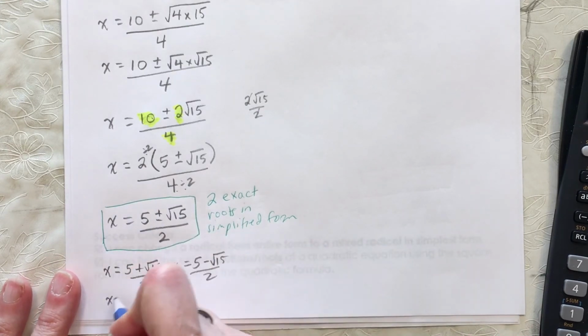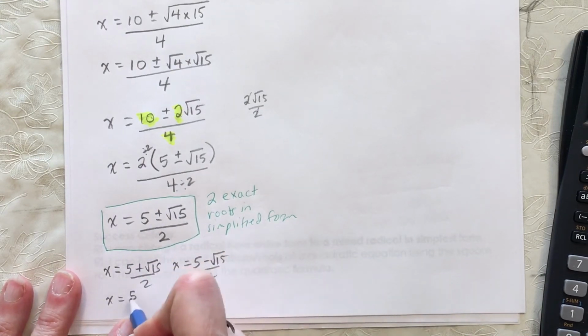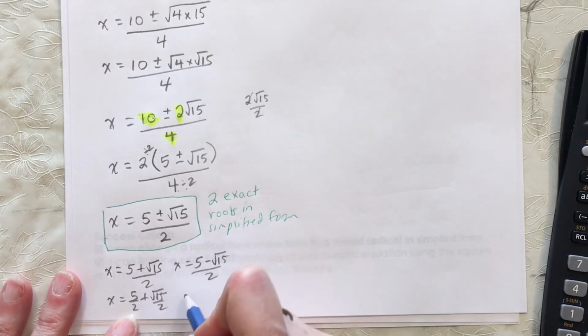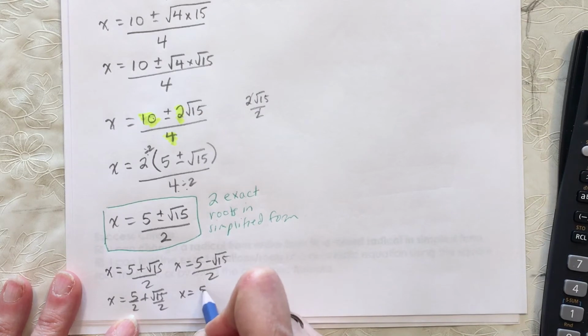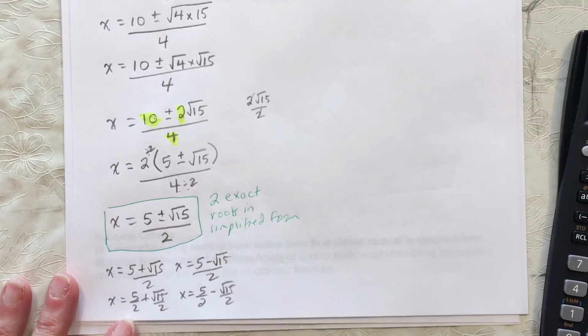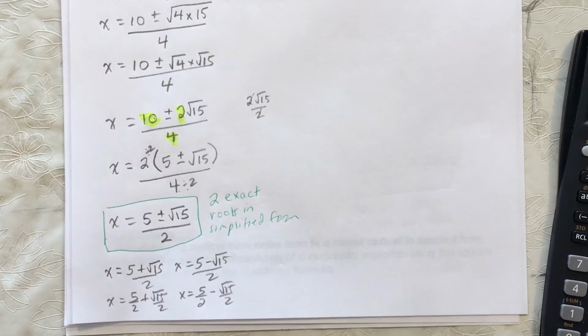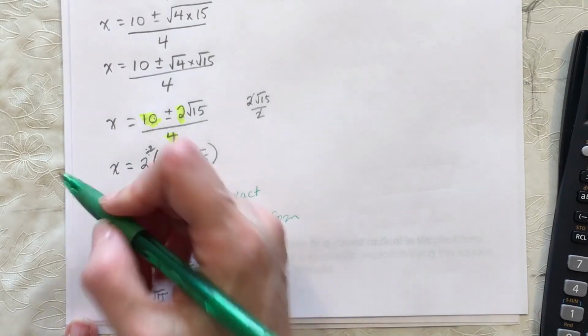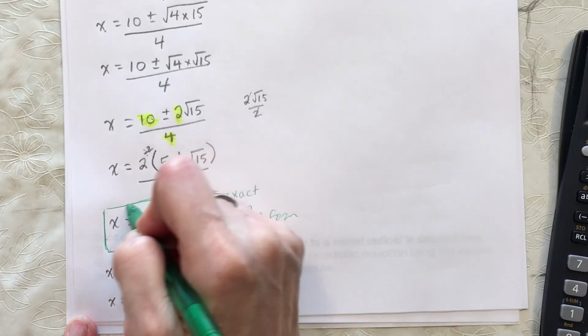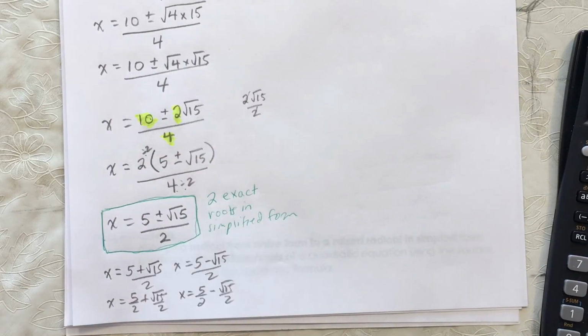Some textbooks might divide each piece by 2 as well and write it like that. You can play around with your calculator and convince yourself that these all mean exactly the same thing. But again, the green box here is perfect. We followed the instructions, we found the exact roots of the quadratic equation, and we answered in simplest form.